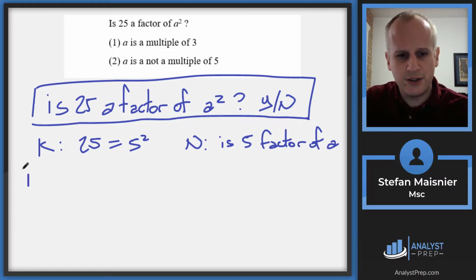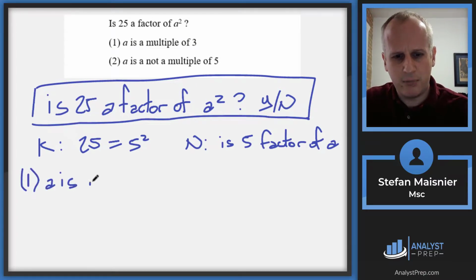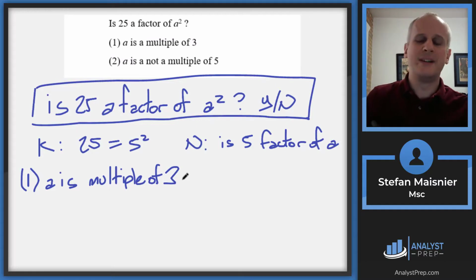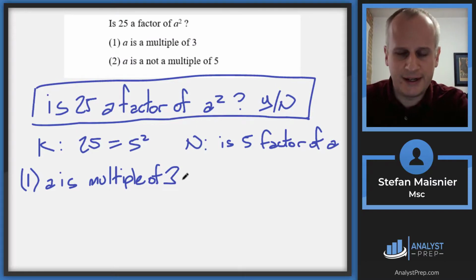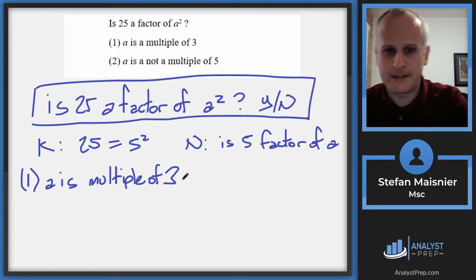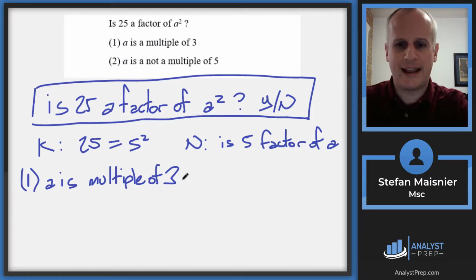So condition 1 says that a is a multiple of 3. So if a is a multiple of 3, that really doesn't impact whether a is a multiple of 5 or 5 is a factor of a.